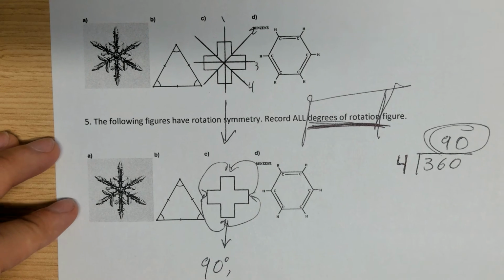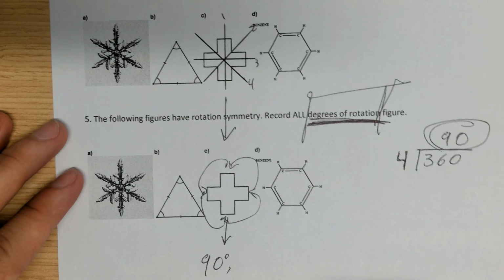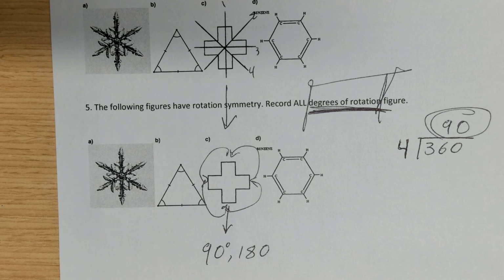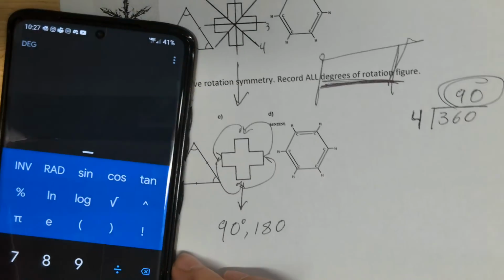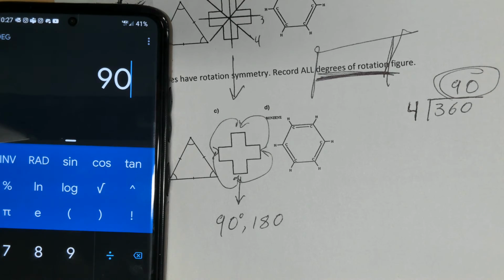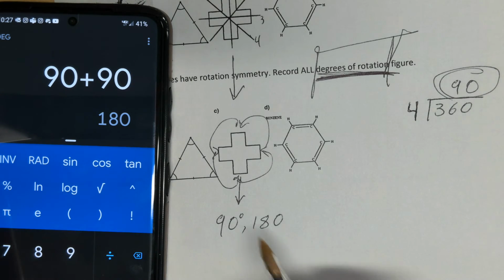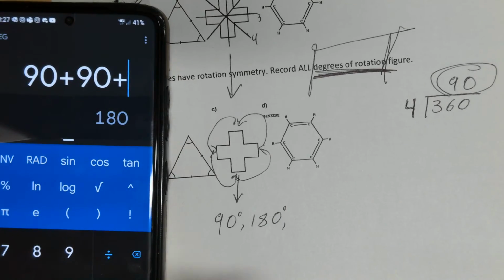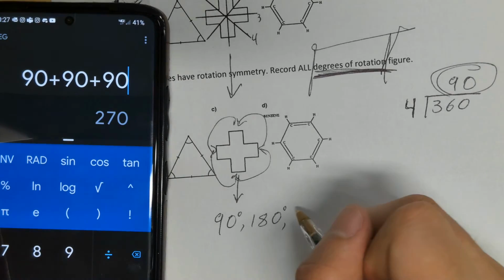So after another 90 degree rotation, you're going to get 180, because 90 and 90 is 180. Let me bring up the calculator so you guys can see that. You guys can see that 90 plus 90, that's 180. Okay, so add another 90, that's 270.